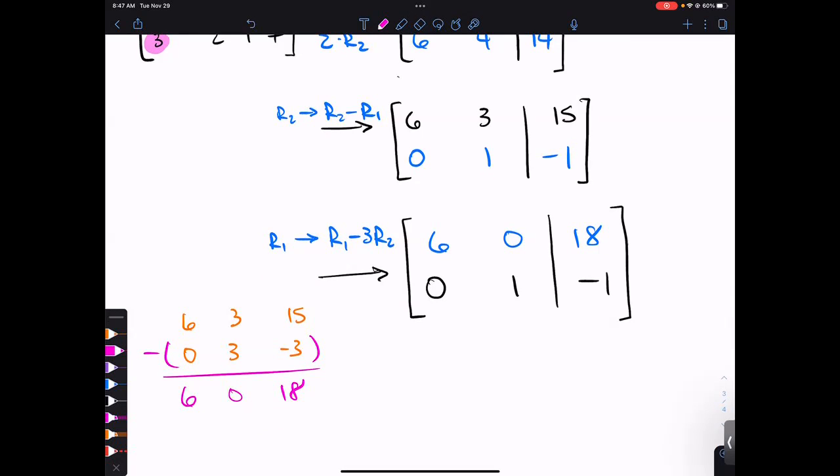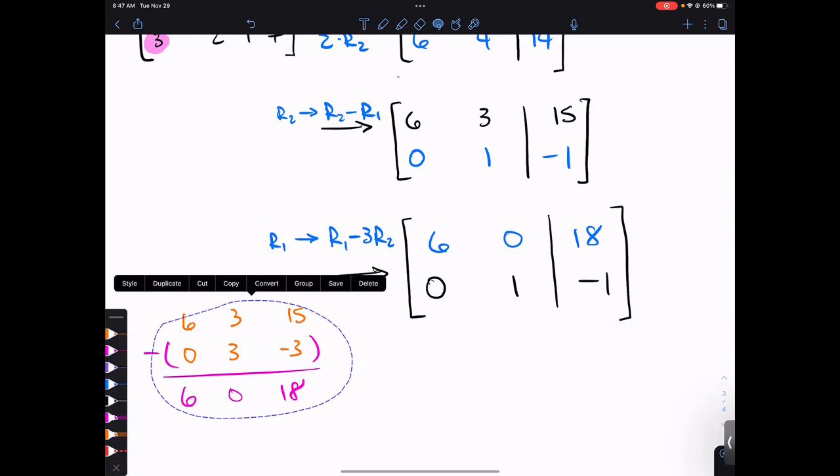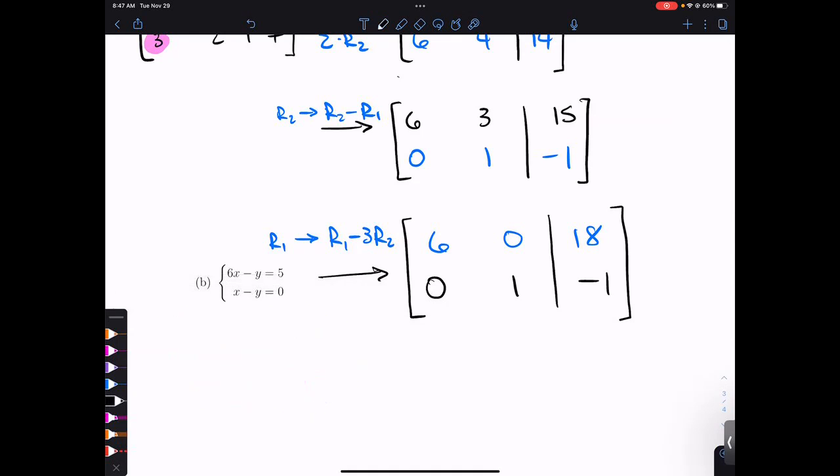Then the last thing, if I'm going all the way to reduced row echelon form, we've got the 0s here and 1 here. I just want this 6 to be 1 instead. So I'm going to divide by 6. Row 1 divided by 6. Not changing row 2 at all.